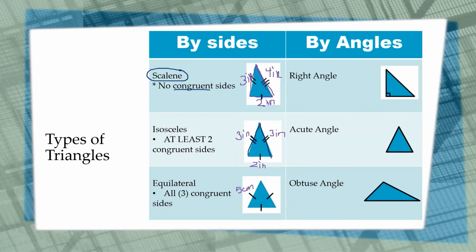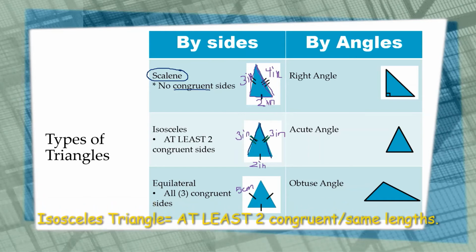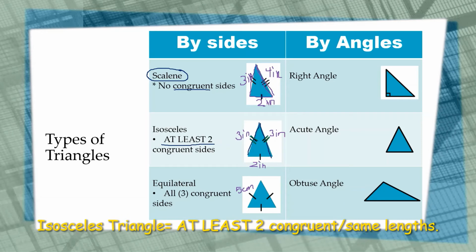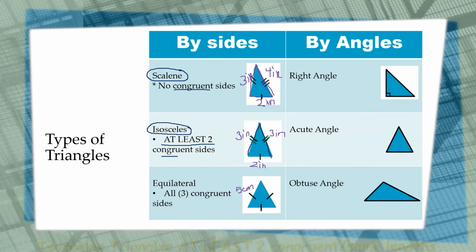Like this side has 2 ticks, and this side also has the exact amount of ticks. That tells me that those two lengths, whatever they are, are the exact same measure. And when we have at least two lengths that are congruent, we call those triangles isosceles. The key is the word at least.